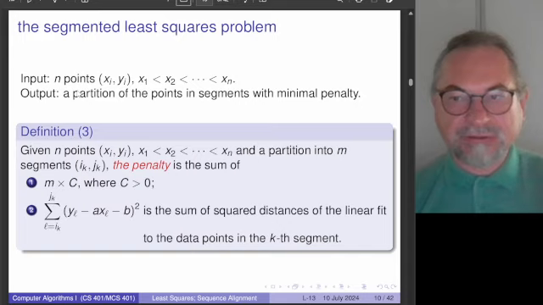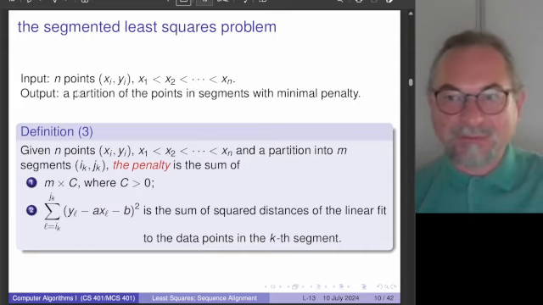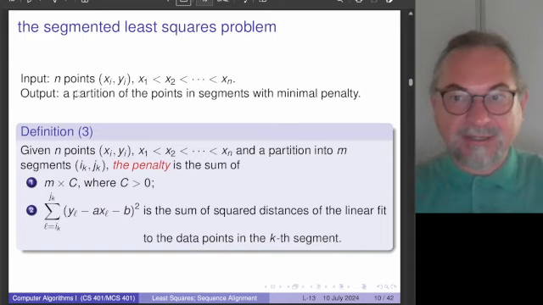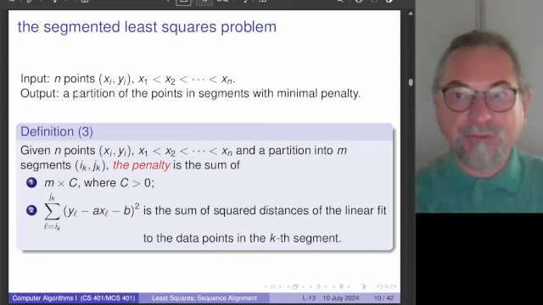The cost C is here left as an abstract cost, but if C is of course infinite, then you actually don't allow segments. That's also an absurd cost. If C is 0, then you can minimize the sum of the squared distances by just connecting the dots, taking as your lines the connections between 2 points, and there is no error on there.